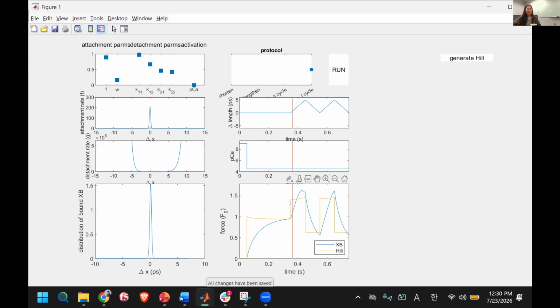So let me clarify that we are actually not modeling the history explicitly, but we are just keeping track of how many cross-bridges are formed in the muscle. Because when you reach this point in time, that is how many cross-bridges you had in your muscle.